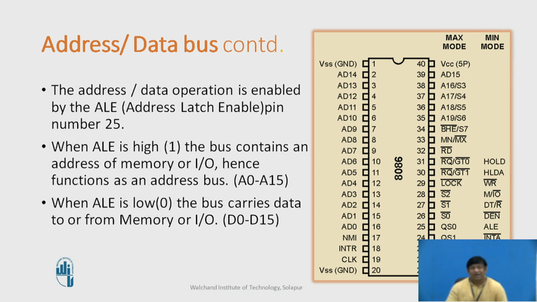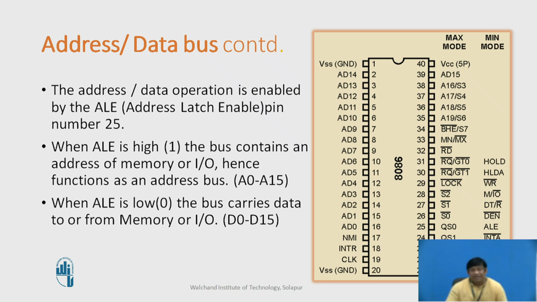The address data operation is enabled by the ALE pin, address latch enable, pin number 25. When ALE is high, that is 1, the bus contains an address of memory or input output and functions as an address bus, A0 to A15.